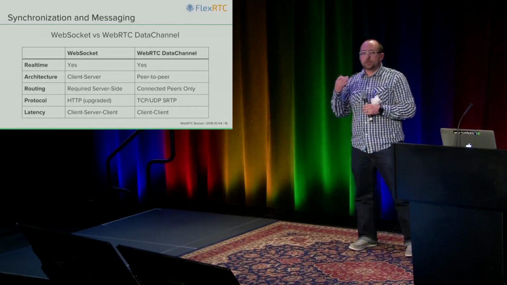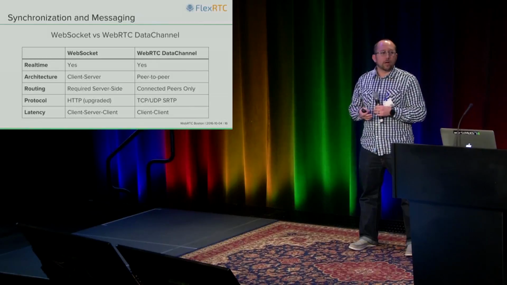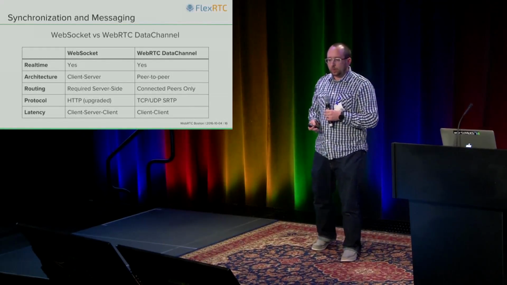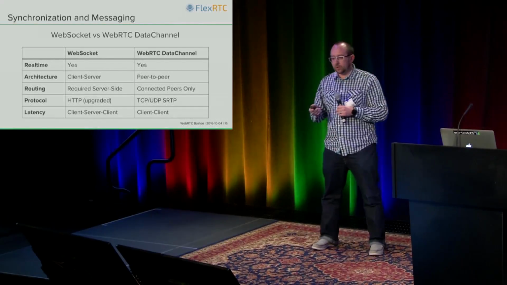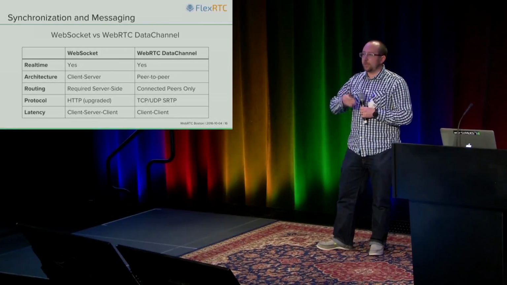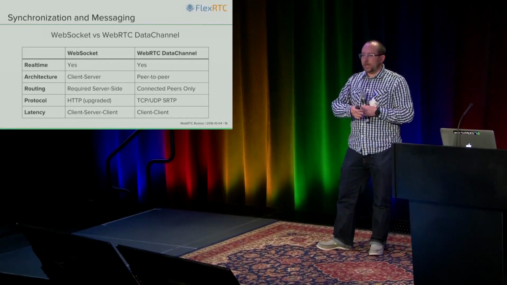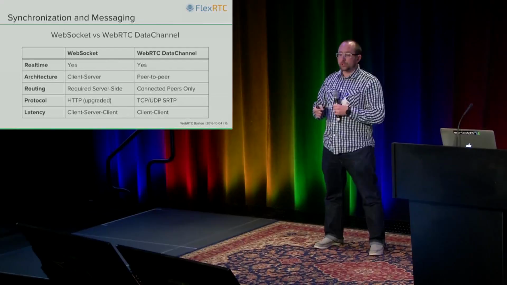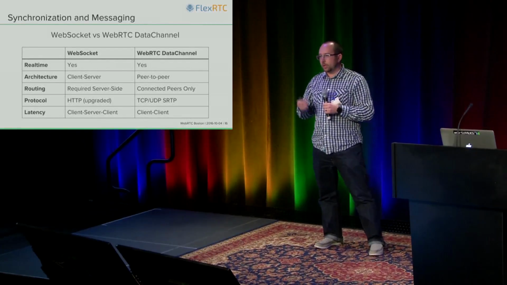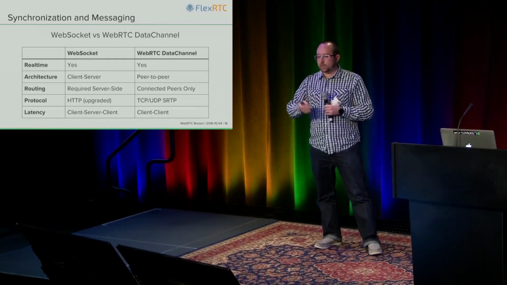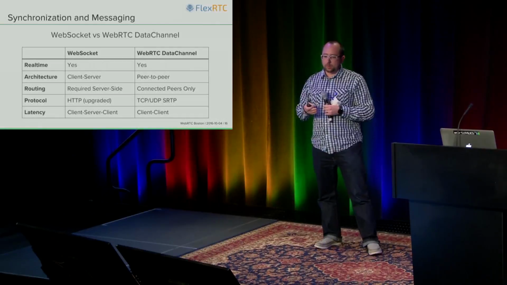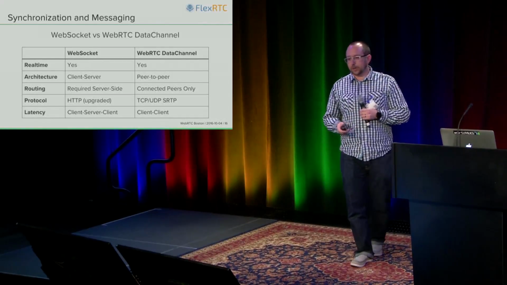So if you want to be able to control more about how those messages are passed reliably between the clients, you can do that a little bit more easily with the WebRTC Data Channel. In terms of latency, it's really based on the network path between your clients. So if client A needs to talk to client B through a server, then there's going to be some added latency there, so you can get a little bit better performance if you're going client to client, and that's where you can get much better video as well as audio and data improvements by going peer-to-peer.